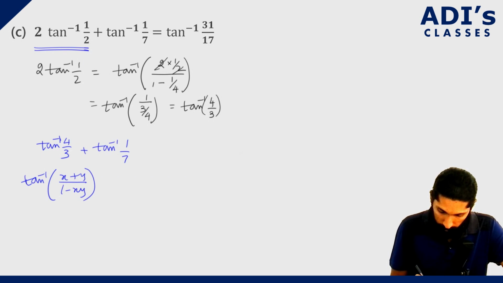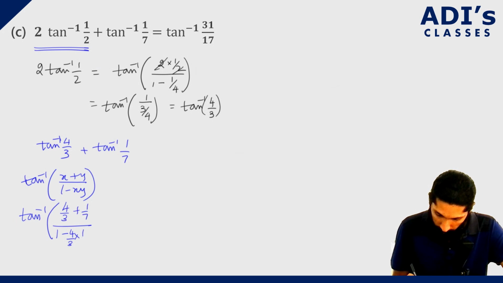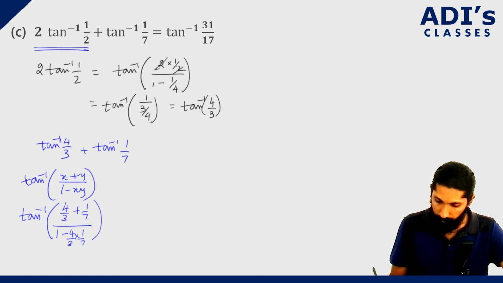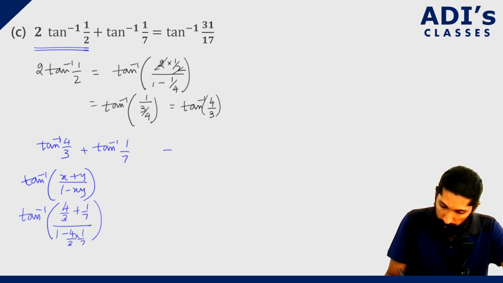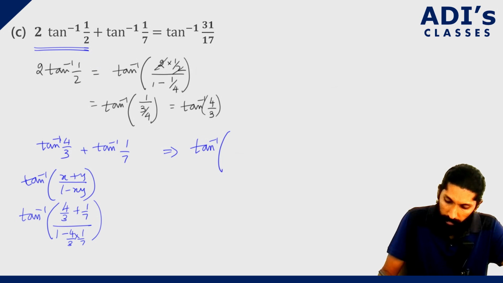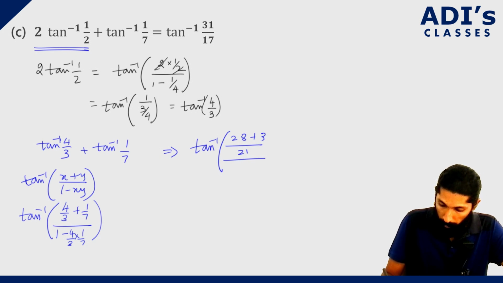You will get tan inverse of 4 by 3 plus 1 by 7, over 1 minus 4 by 3 into 1 by 7. If you do this, take the LCM, you'll get 28 plus 3 divided by 21, over again 21 minus 4 divided by 21.